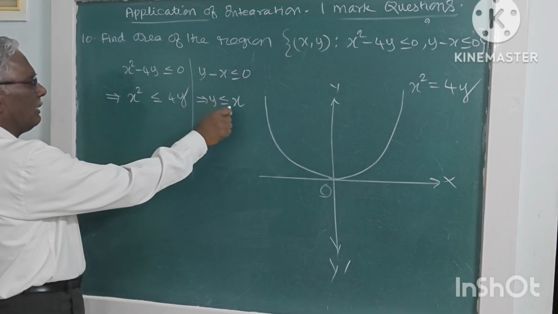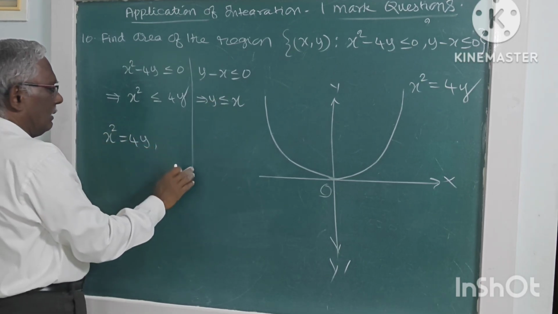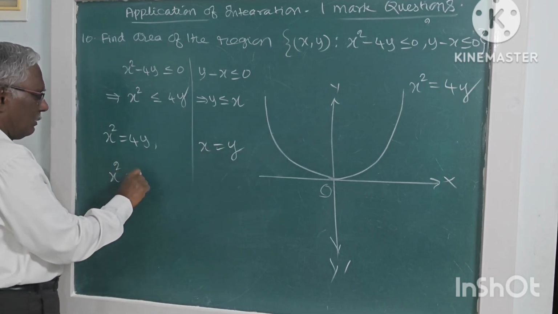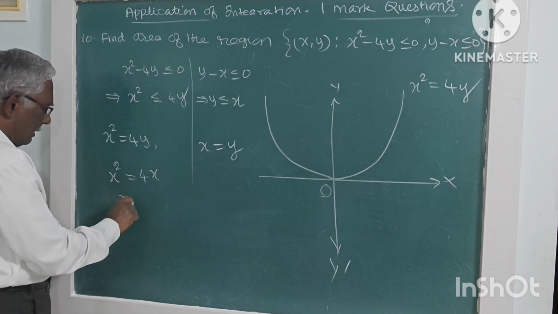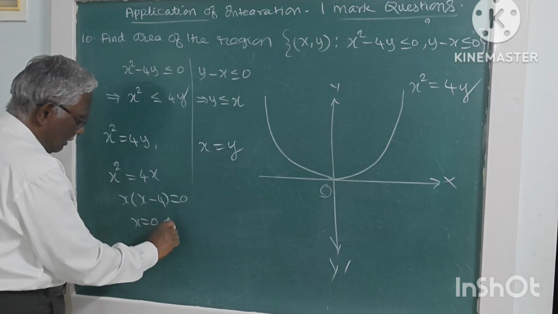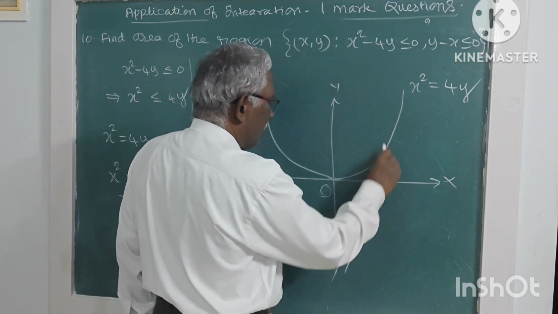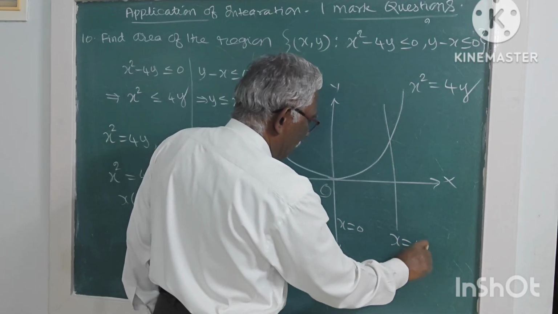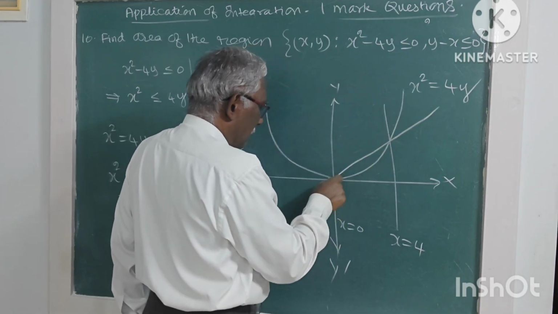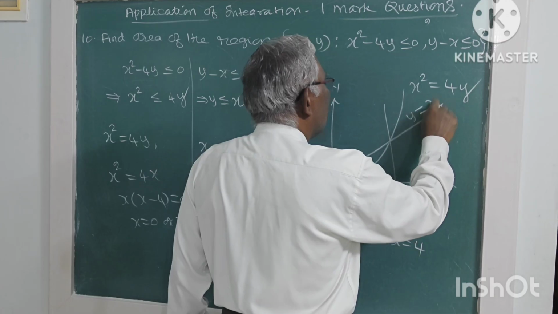So x square is 4y, and x is y, so x square is equal to 4x, x into x minus 4 is equal to 0, x is 0 or x is equal to 4. So the line and parabola intersect at these two points. This is y is equal to x.